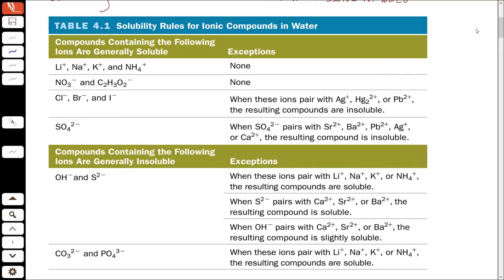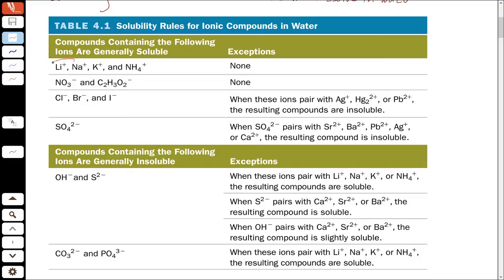So we're first going to break ionic compounds up into two categories: ones that are usually soluble and ones that are usually insoluble. If you look at the top half first, the usually soluble ones, a big part of doing these predictions is just recognizing a couple things.